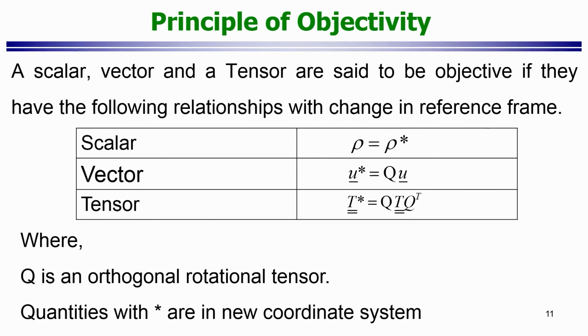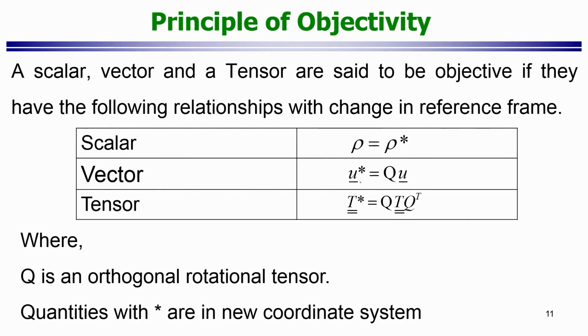Then, to cement our understanding of these constitutive relationships, we moved into a slightly more advanced topic called objectivity. We saw that scalar quantities like density are frame invariant, and they are objective by themselves.